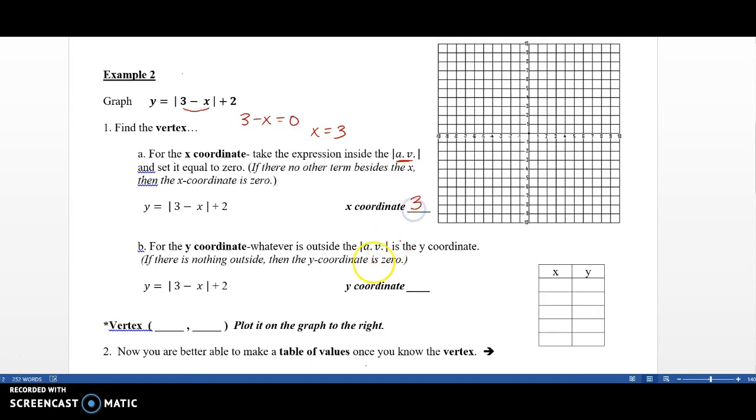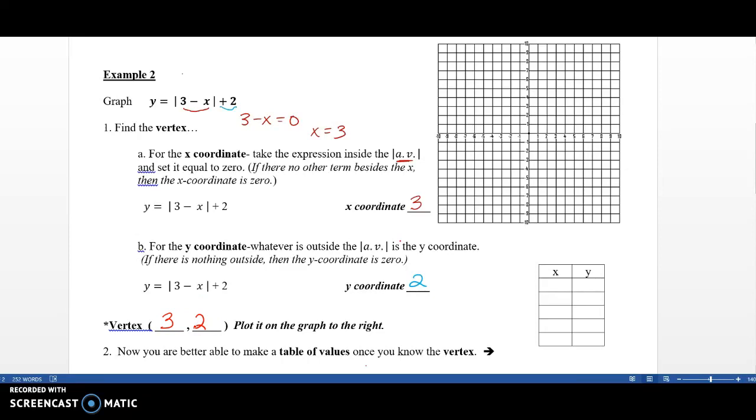I'm going to fill that in right here, and now I'm going to look for the y-coordinate. The y-coordinate is whatever is outside of the absolute value. So if we look on the outside of the absolute value, we see a plus 2 here, so my y-coordinate is 2. So the vertex of this function would be 3, 2 as an ordered pair.